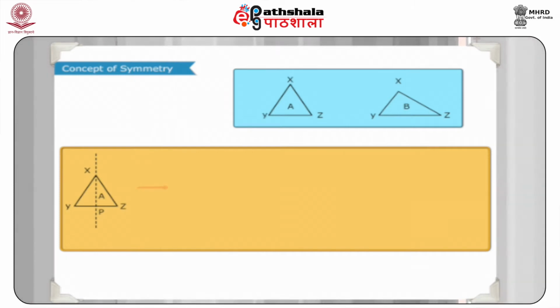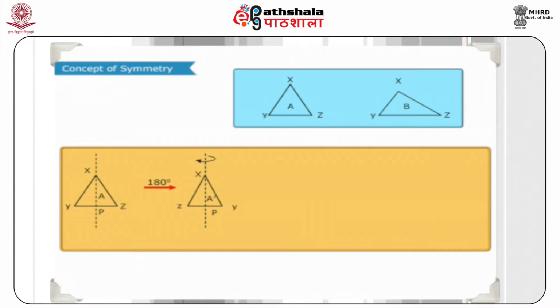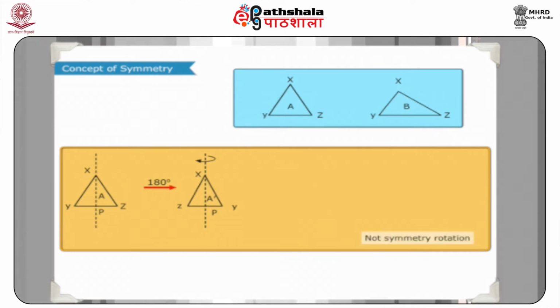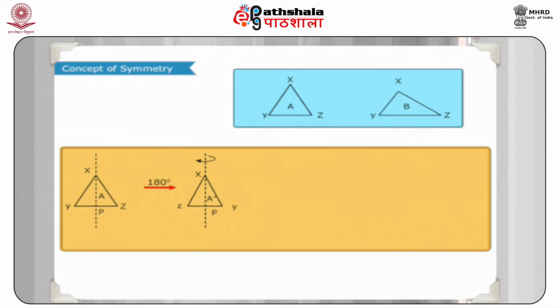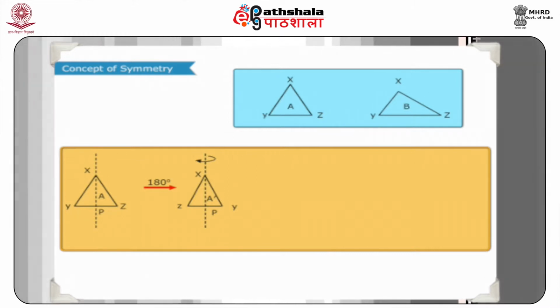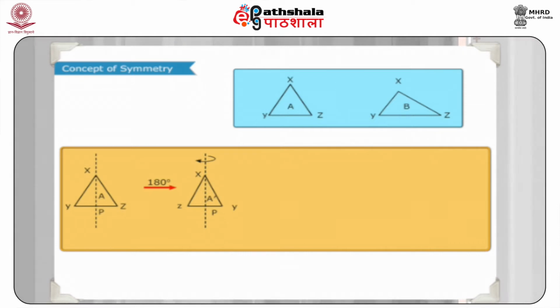After rotating through 180 degrees, triangles A and A' are distinguishable. Hence, the rotation is not a symmetry rotation. If the corners of triangle A are not labeled, we will not be able to distinguish A from A'. In that case, the rotation will be a symmetry rotation.